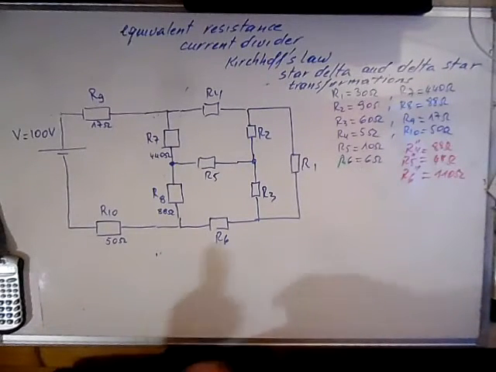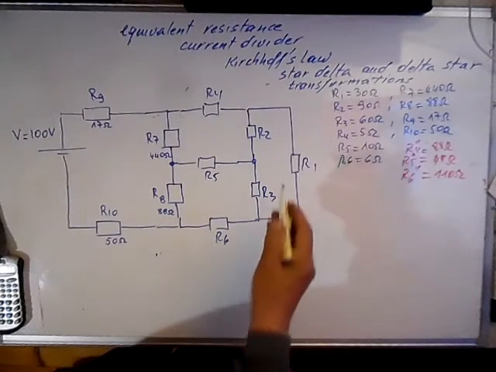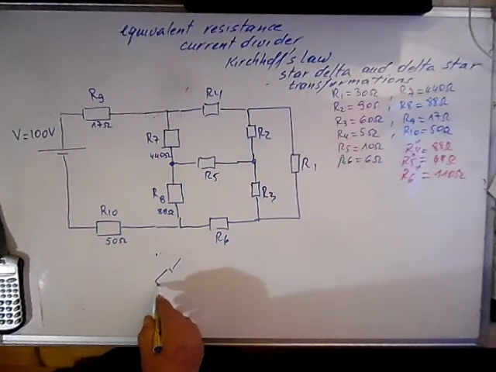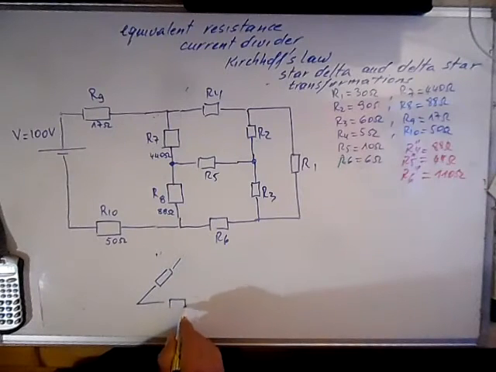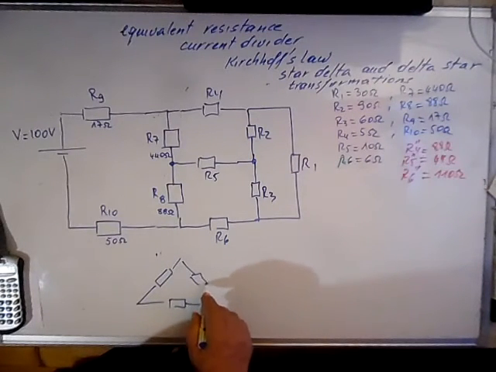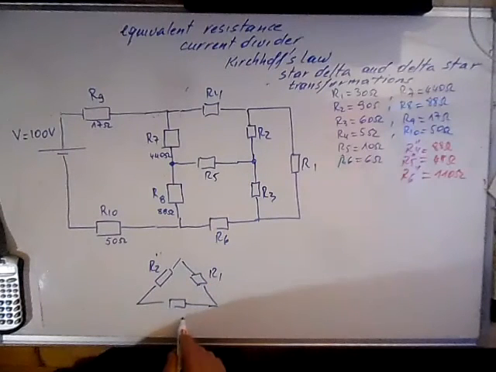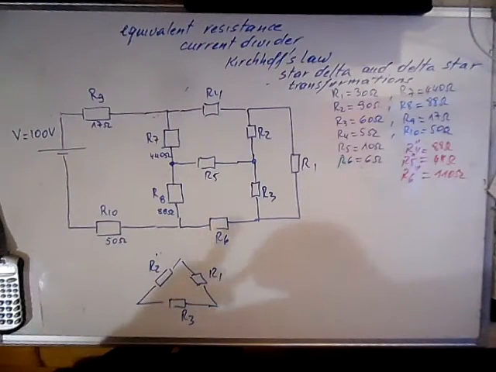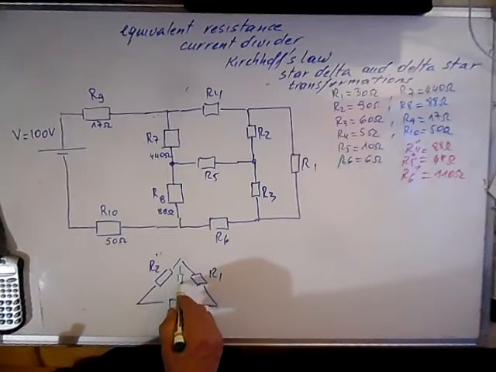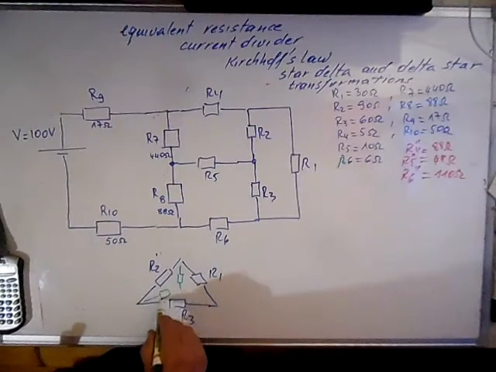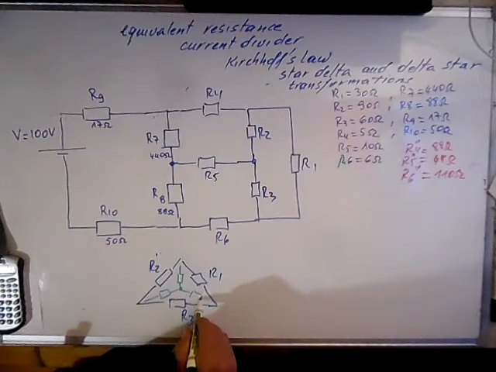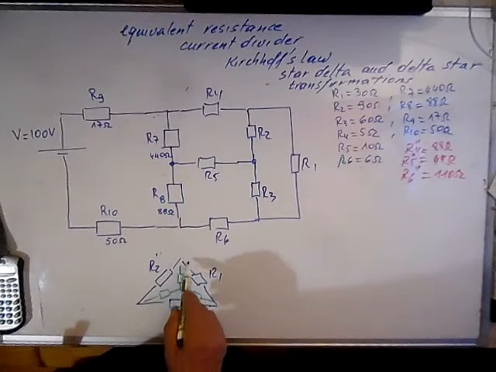So first transformation, as I said: this is the delta, and we have to transform it into a star. This is R2, R1, R3, and the equivalent star will be R3 prime, R1 prime, and R2 prime.